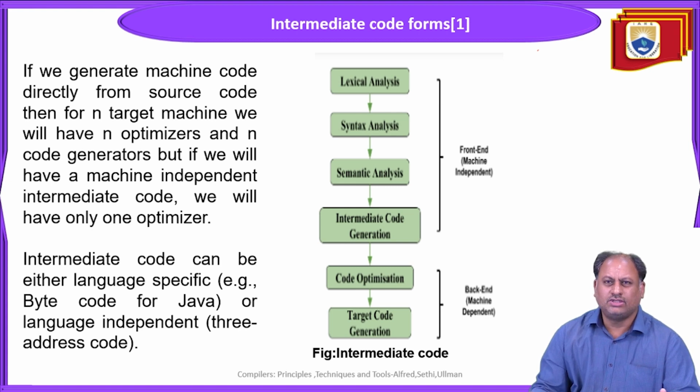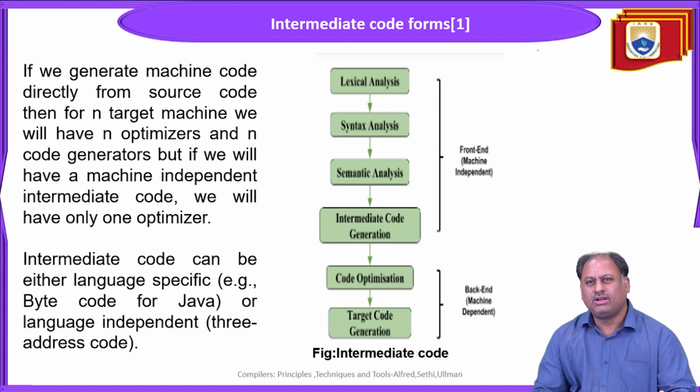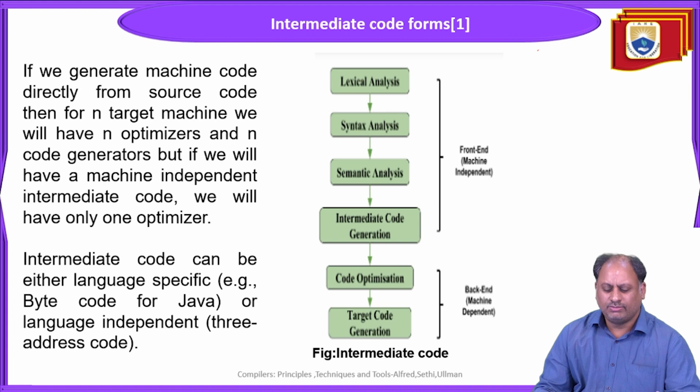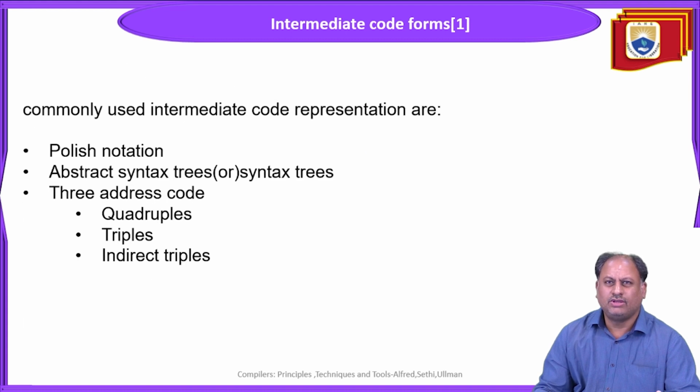Now, in this intermediate code there are a lot of advantages, and based on that we'll move into the intermediate representations. Without it, several problems arise, the task is not completed, and the burden on the computing system increases.